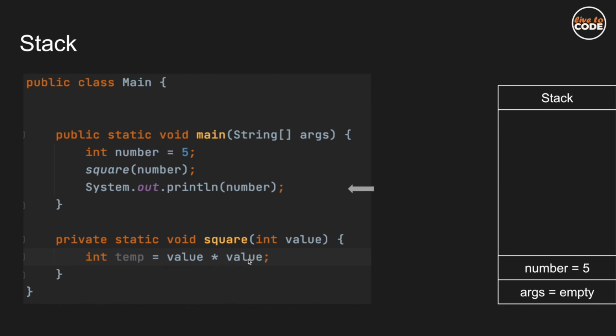Whenever we come out of the square function, the temp variable is popped out from the stack, so we don't have access to it. The number still has the value 5, so System.out.println will print the value 5.